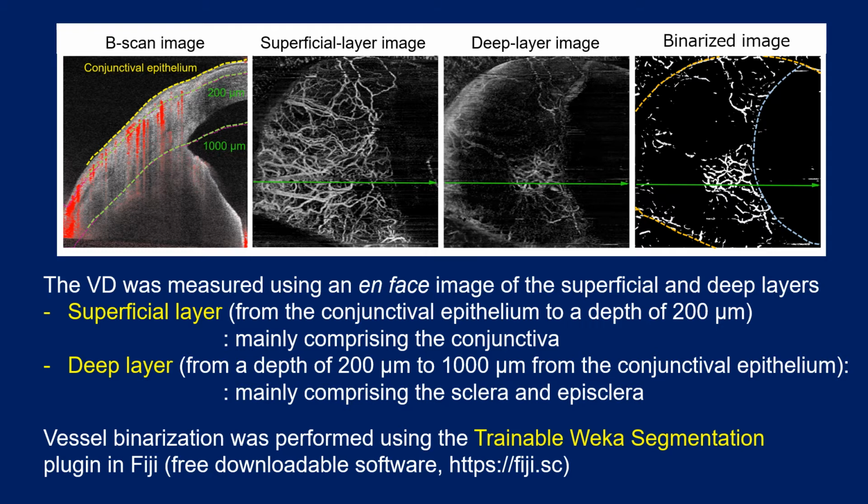The superficial layer, from the conjunctival epithelium to a depth of 200 micrometers, mainly comprises the conjunctiva, and the deep layer mainly comprises the sclera and episclera. Vessel binarization was performed using the Trainable Weka Segmentation plugin in Fiji.